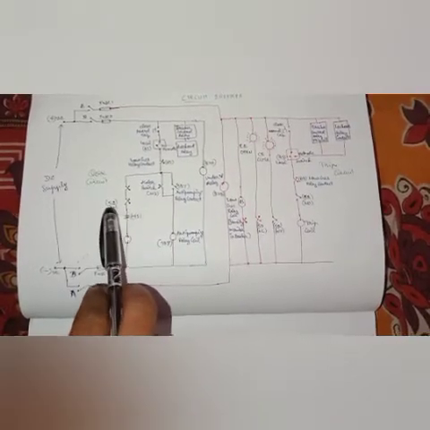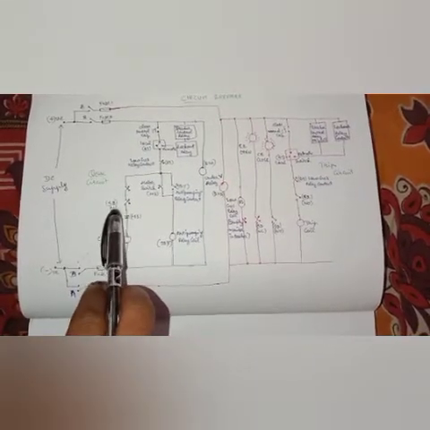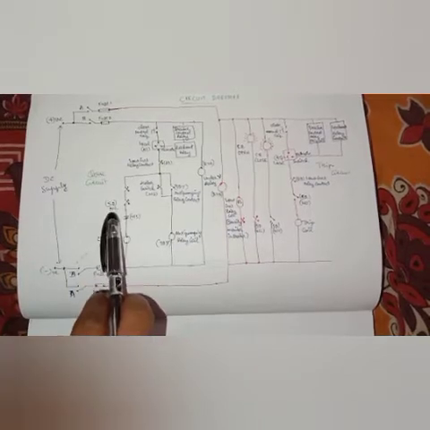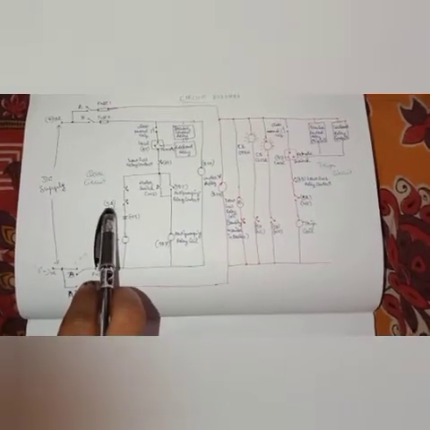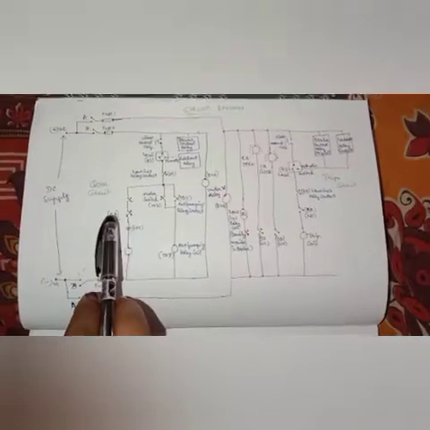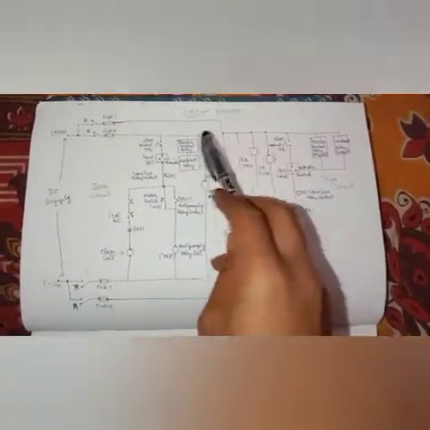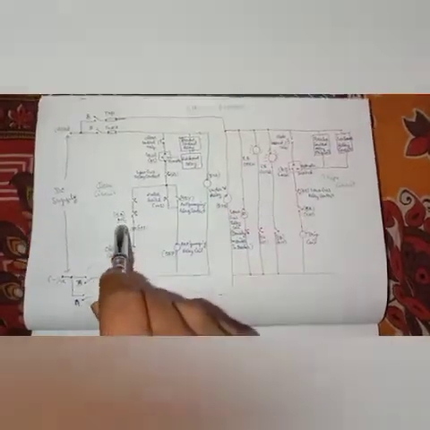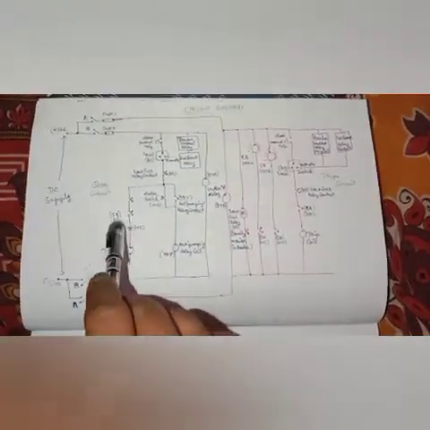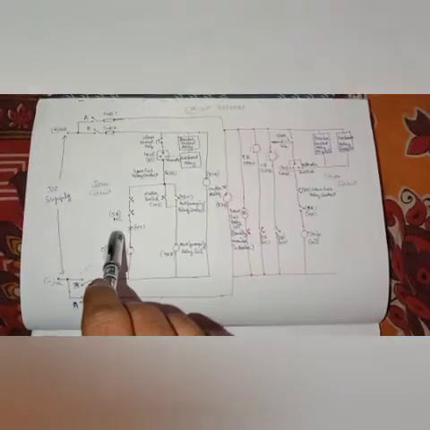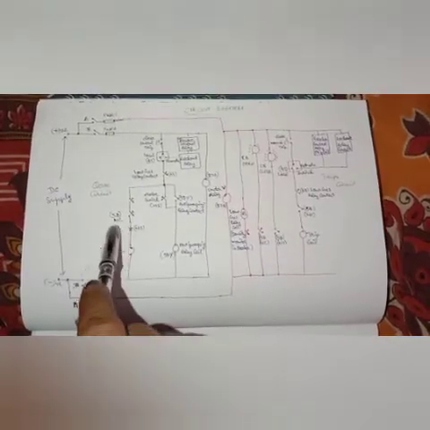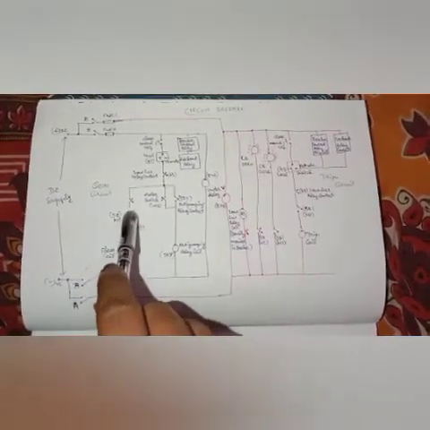Next, the breaker auxiliary contacts 52 NO and NC, which means normally open and normally closed contacts, are connected to your circuits. For example, NC contact means normally closed contact. When the breaker is in open condition, this NC contact will be in closed condition.